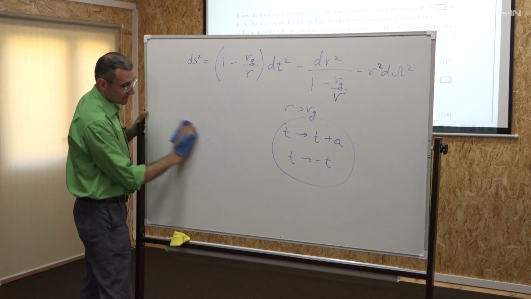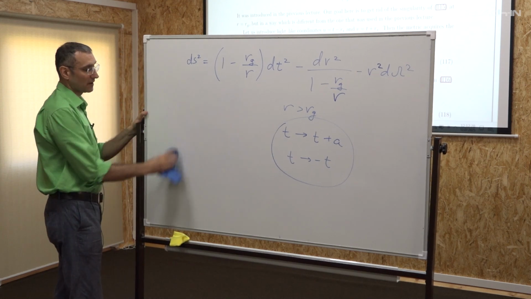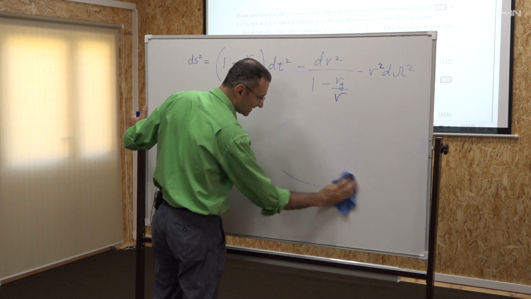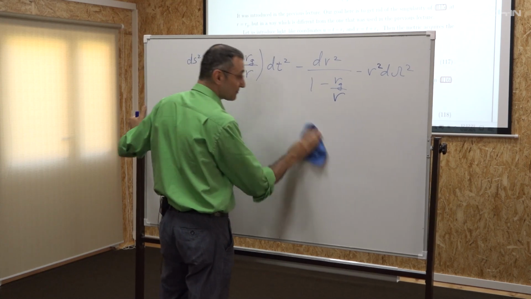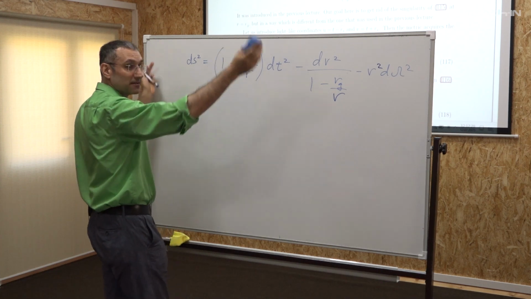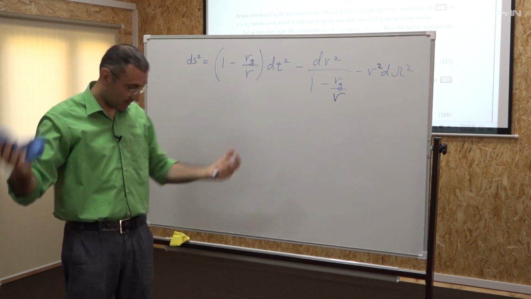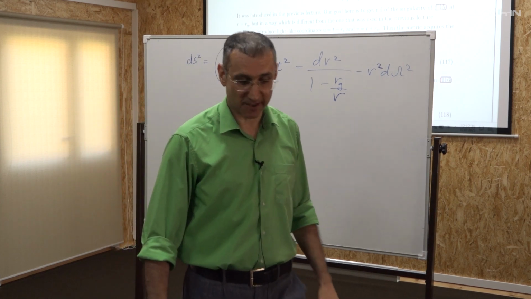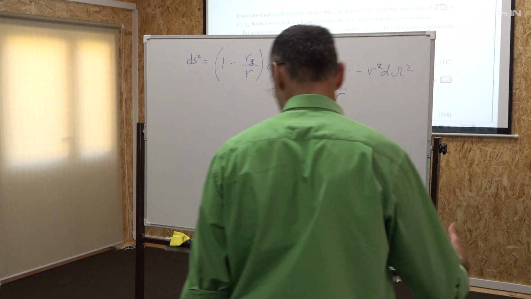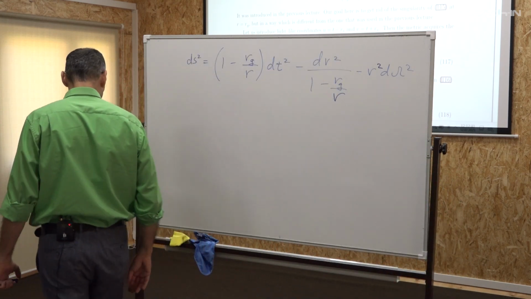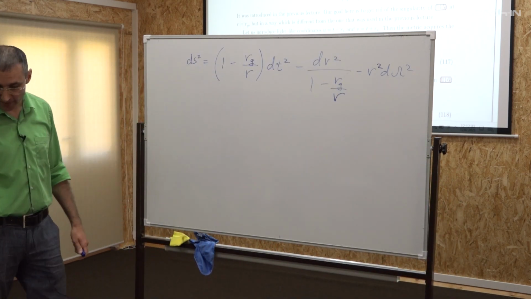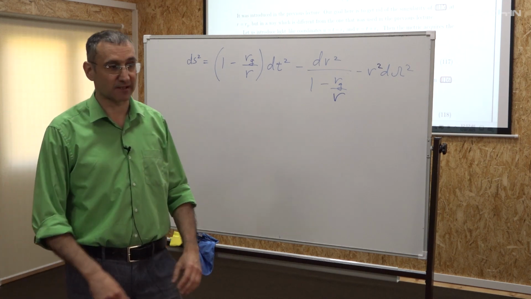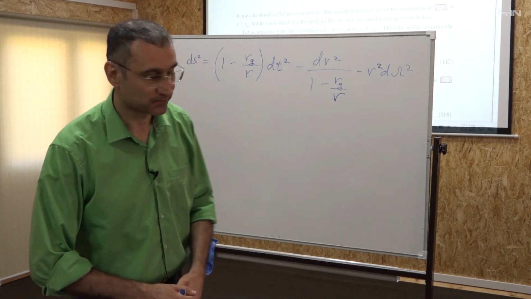Okay. Now, how do we cover this solution entirely? How do we find the coordinate system that covers the entire space-time? You should embed your space. To do that, one of the ways, the way that I know, is to embed your space-time into a higher dimensional flat space-time as some hypersurface.